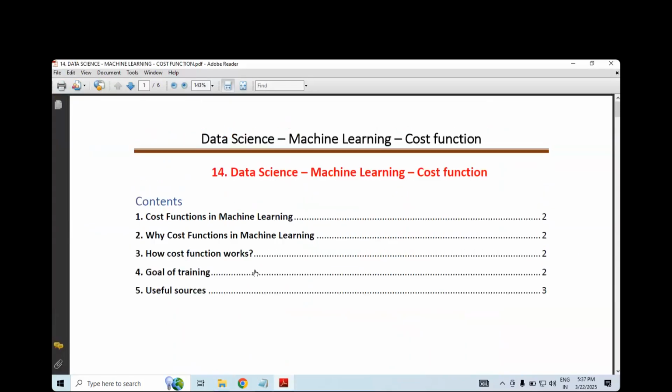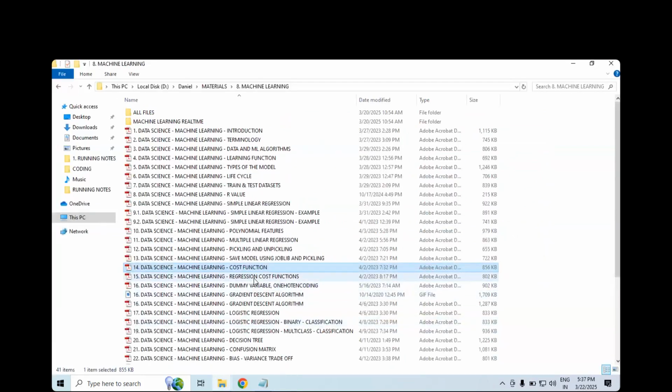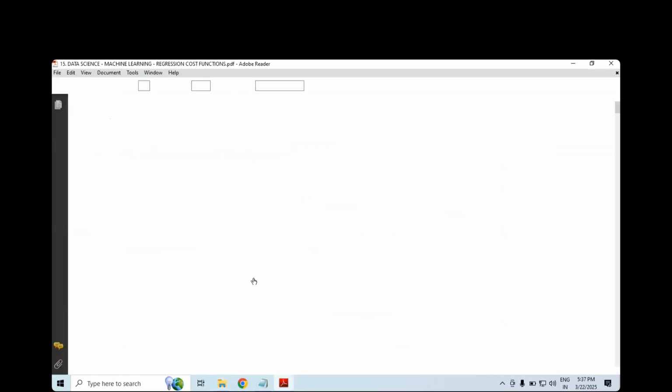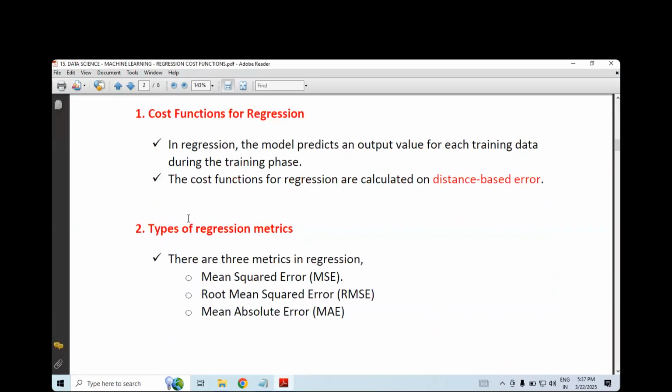These are all theory. Okay. Now the regression cost function. This one is quite interesting. Let's move on. Make a note on this.